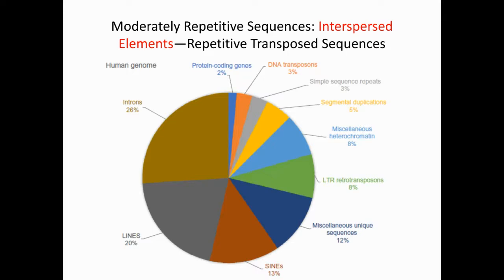These LINEs are usually about 6 kilobases long and may be present 850,000 times in the human genome. The transposition mechanism of LINEs is similar to that used by retroviruses. That's the SINEs and LINEs.